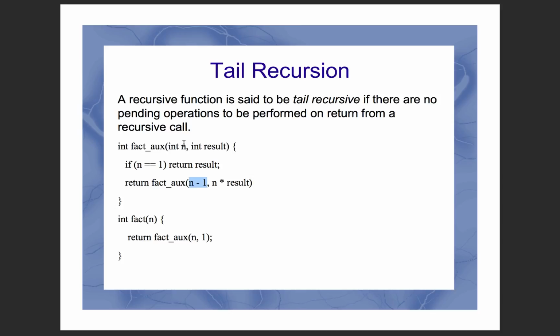You can see that it was n, and the second time it became n minus 1, and the computation happens at the same time: n multiplied with the current result, and that value is assigned to result. So there will be no pending operations when it reaches the base case.